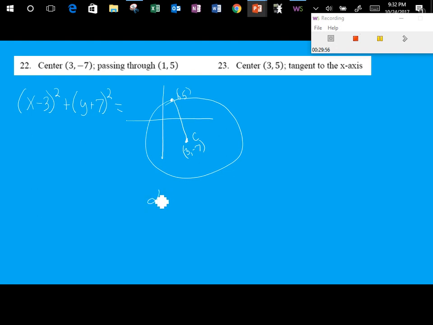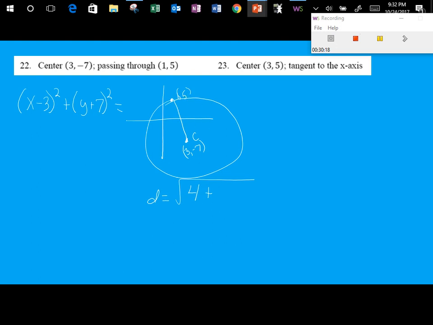The distance from the center of my circle to a point on the circle can be found by the difference of your x's squared plus the difference of your y's squared. So 3 minus 1 is 2. 2 squared is 4.